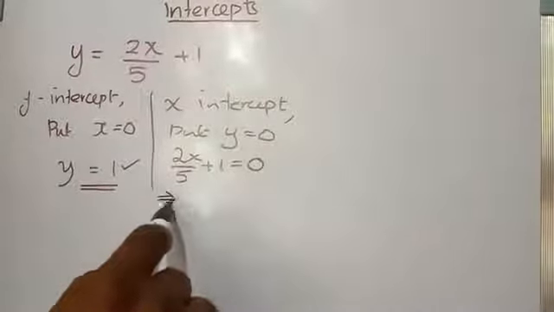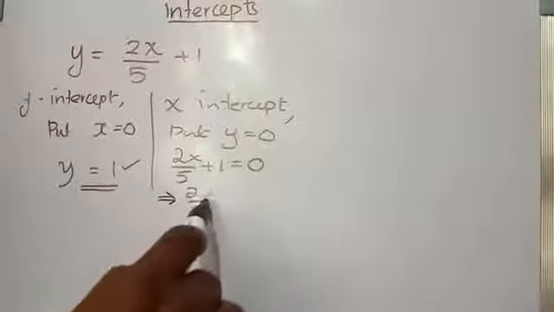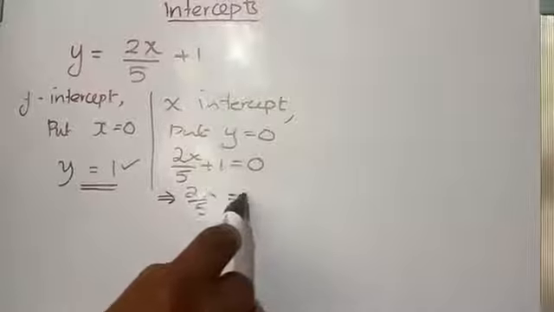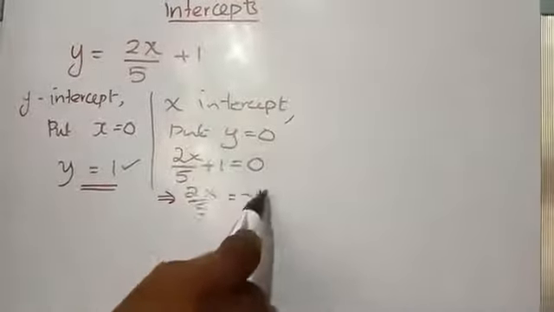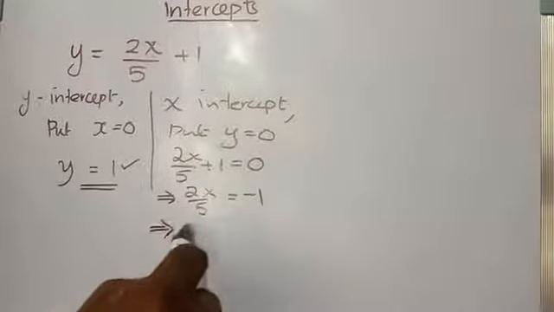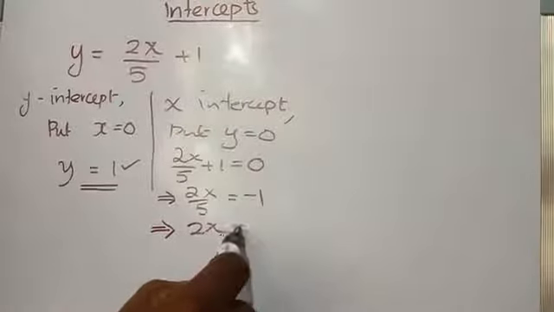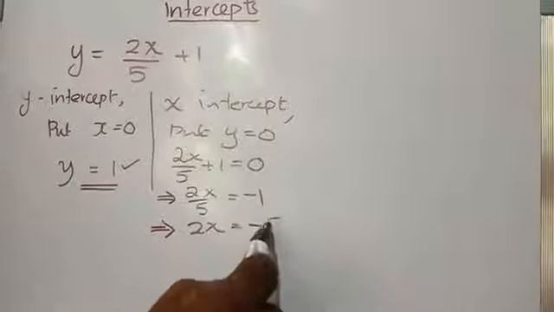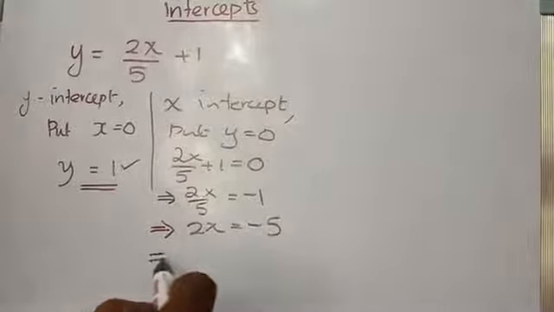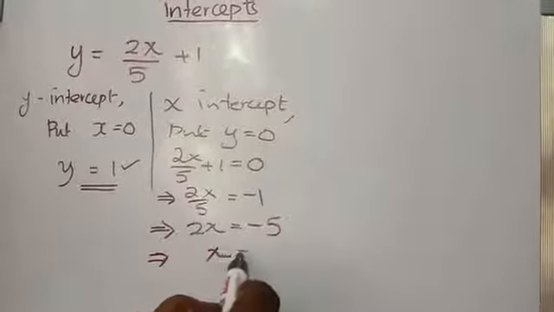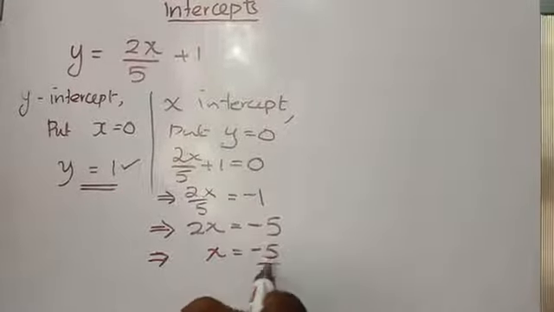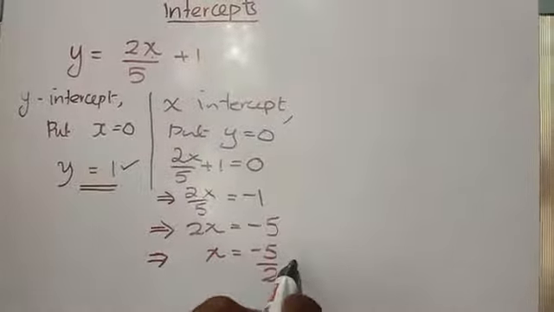That becomes 2x by 5 is equal to minus 1. Take plus 1 to right side. That implies 2x is equal to, cross multiply, minus 5. That implies x is equal to minus 5 divided by 2 as x-intercept.